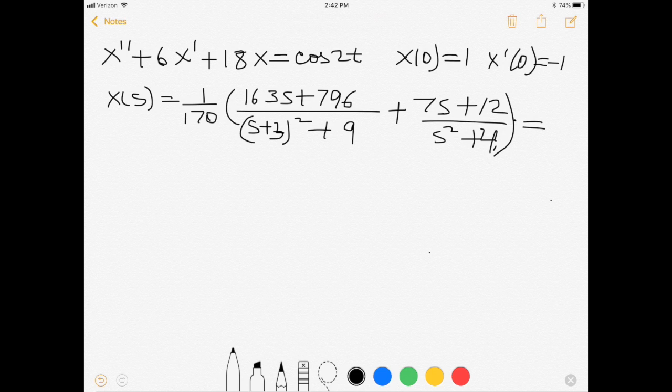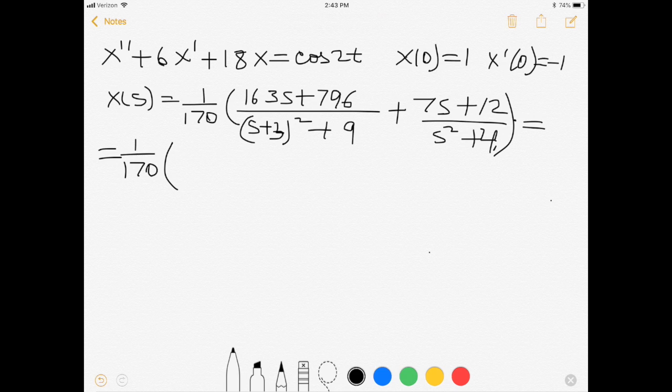Here we're doing the same trick, because we have a combination of cosine and sine functions. This means we need to separate. It will be 1 over 170. But remember, if you have denominator s plus 3 squared plus 9, and your numerator has s, you need exactly s plus 3.